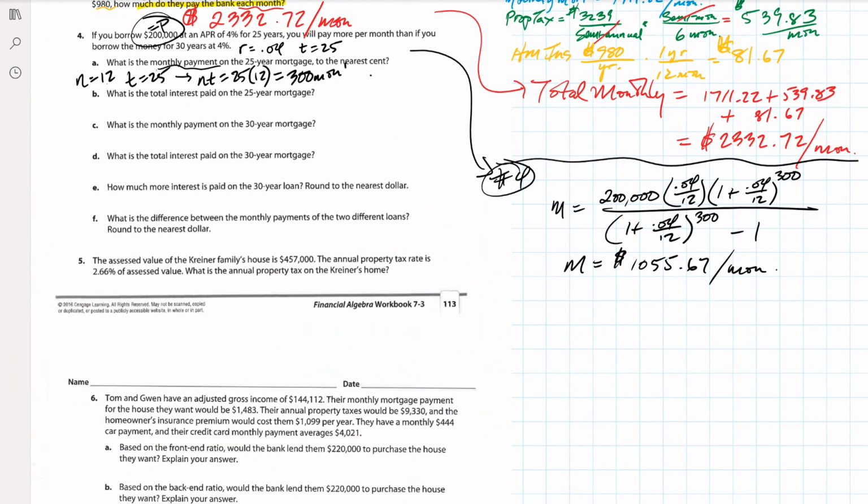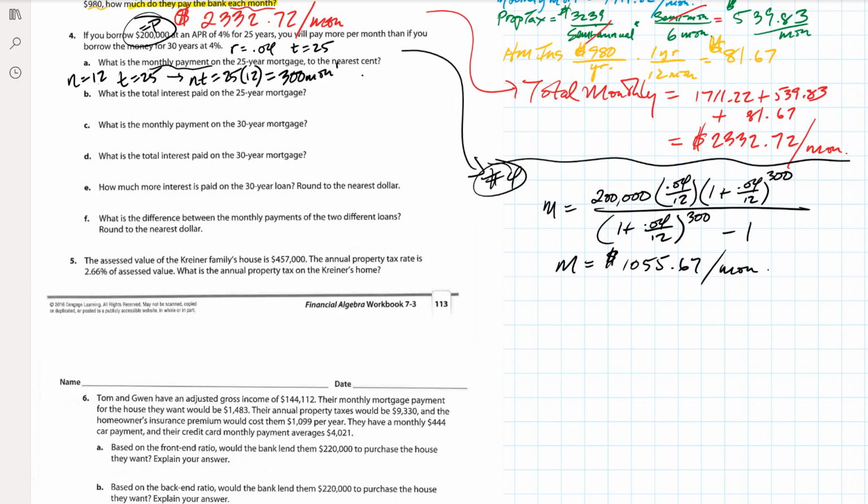So let's bring it over here. So monthly payment is equal to 1,055.67. Now what we want to do is calculate the total interest paid. All right, we have to calculate the total paid and subtract the principal.